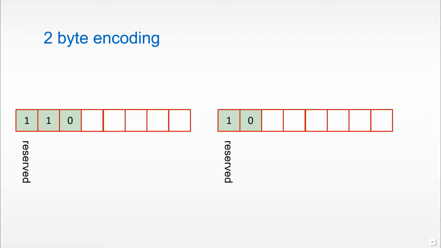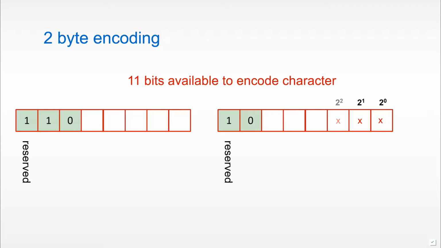Now, what we then do is we would use the empty unused bits to start recording our binary numbers. And in this case, we have 11 of these available to us. So we can use 2 to the power of 0, 2 to the power of 1, 2 to the power of 2, etc. We will jump to the second byte because the two bytes are again linked.